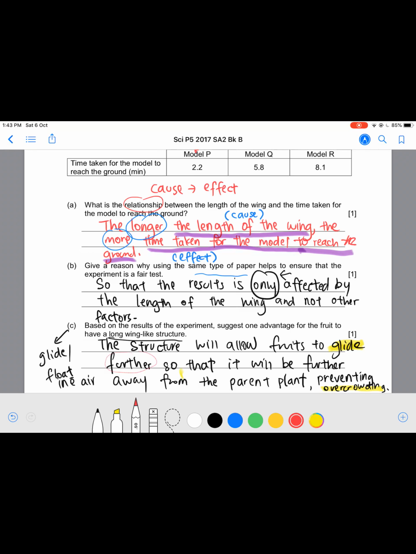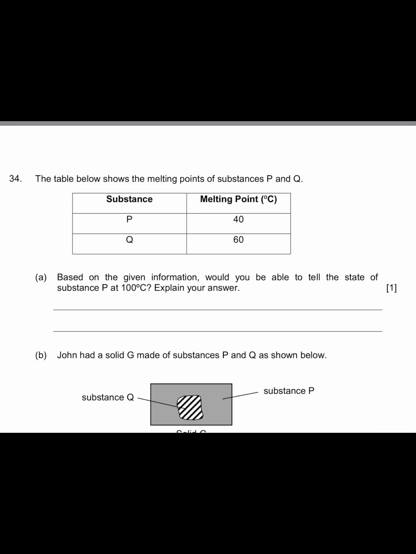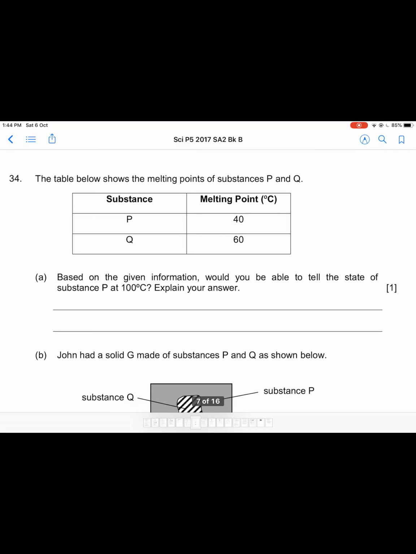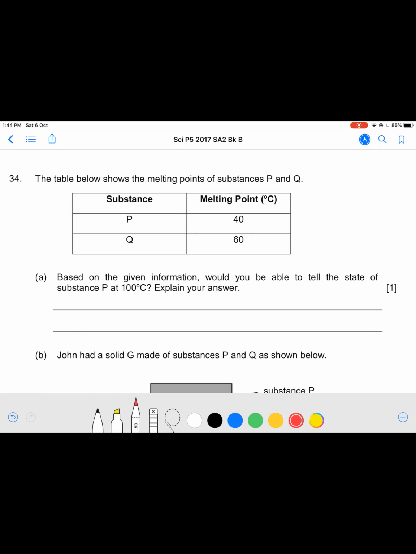Question 34. The table below shows the melting point of substances P and Q. Based on the given information, would you be able to tell the substance at 100 degrees? So if we go by the number line again, 40 is here and it's already melted, right? So it is already a liquid state.